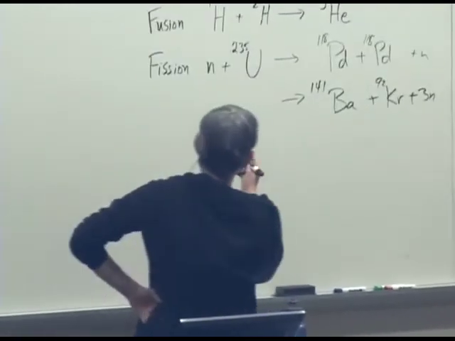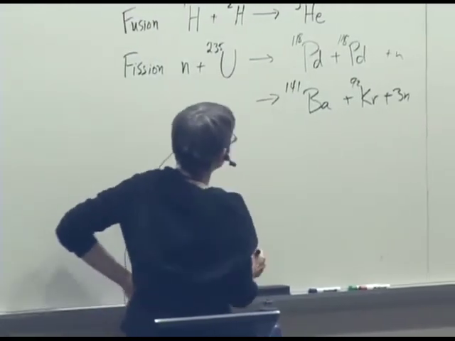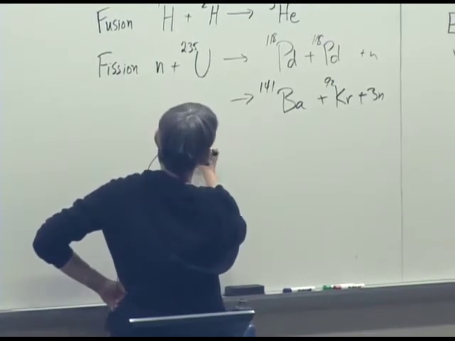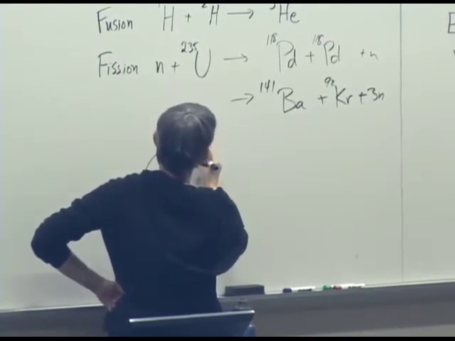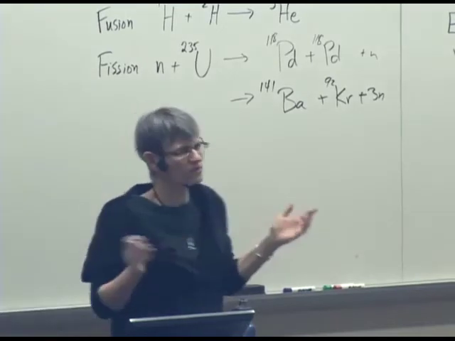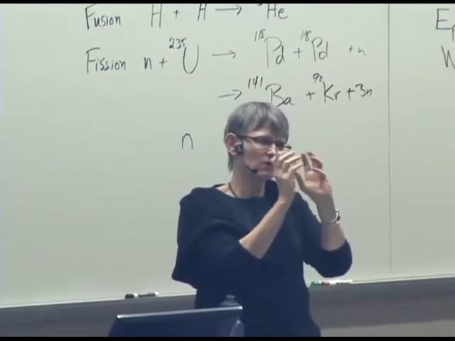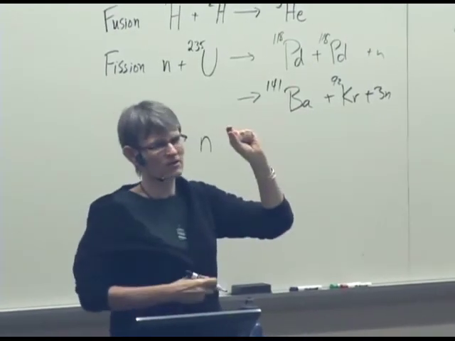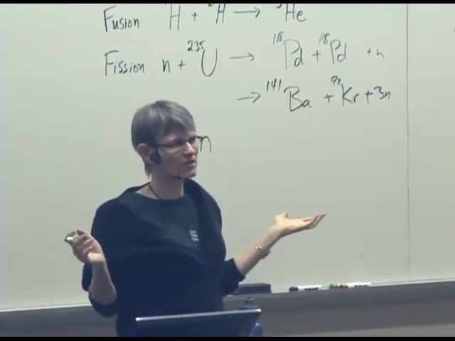An interesting example of a nuclear reaction actually is that despite the fact that neutrons are very stable when they're in a nucleus with lots of other protons and neutrons, an isolated neutron that isn't close to anything else is actually unstable.